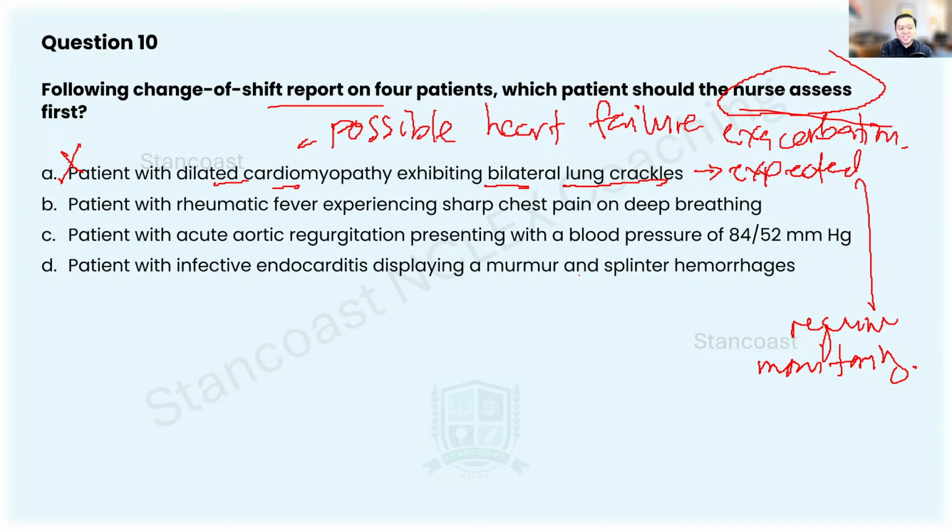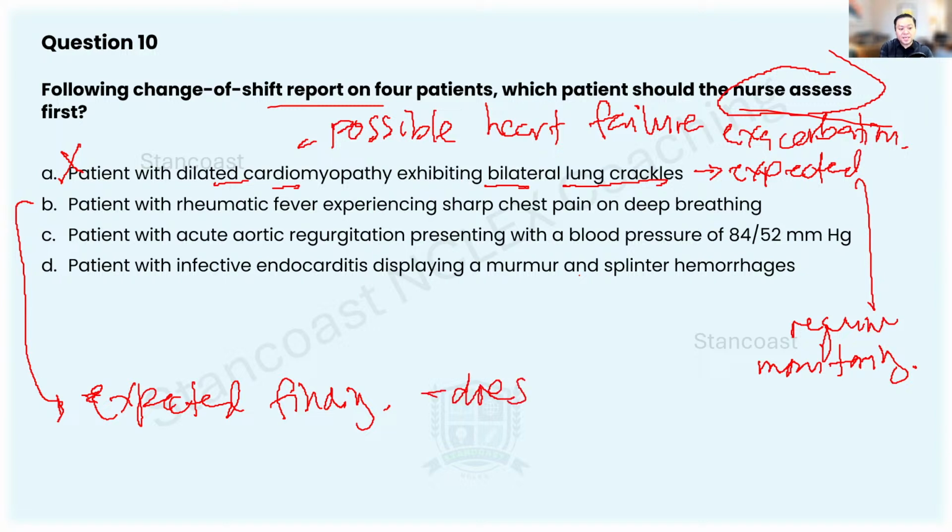When the patient has rheumatic fever, when they take that deep breath, they will feel that pleuritic pain, which is an expected finding, but does not indicate immediate instability. Okay. Does not need immediate action.